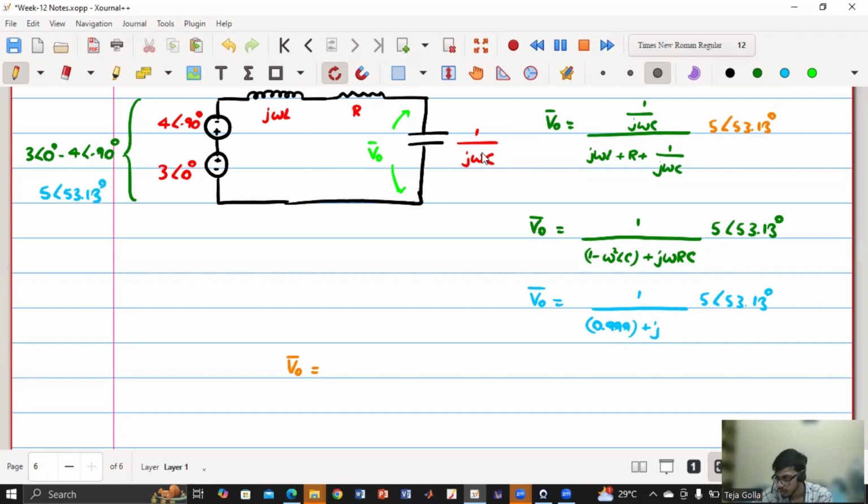I think 0.55 is wrong, because here we have 5 by root 2 closely.